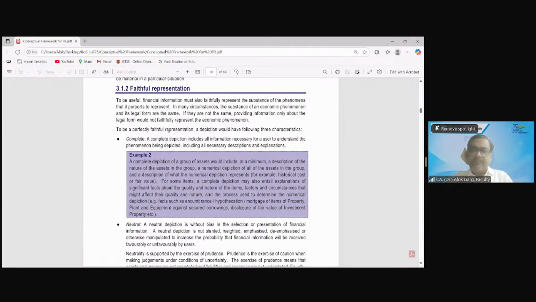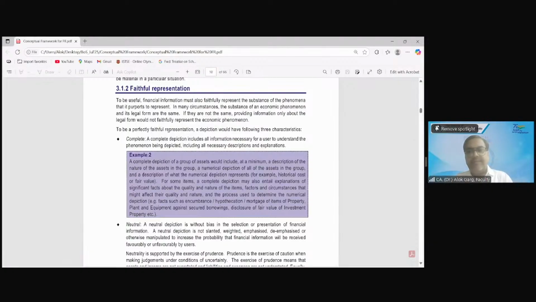So the information, what it was intended to present, after this disclosure achieves faithful representation. After reading all this information along with the property, plant and equipment, where the note reference is given, and in the note number all this information is provided, it makes the information complete and helps in the faithful representation of that item.